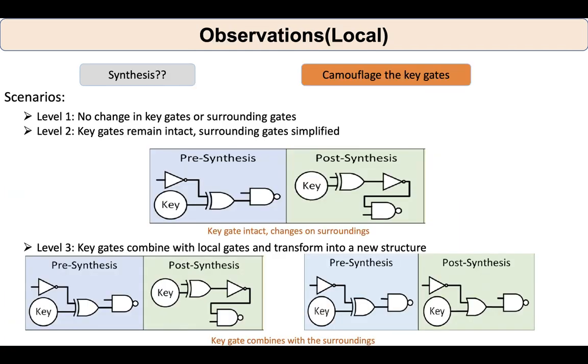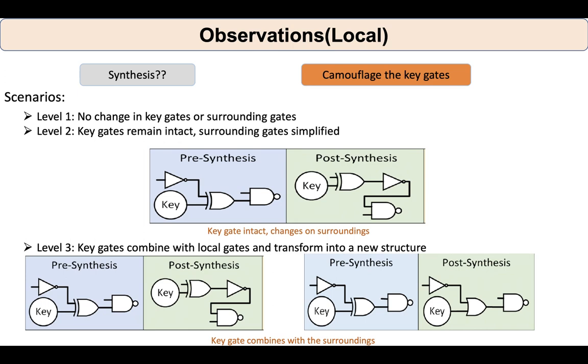Basically, synthesis is made to camouflage the key gates. Certain scenarios can happen here. Number 1, there might be no changes on key gates or the surrounding gates. We mark it as level 1.